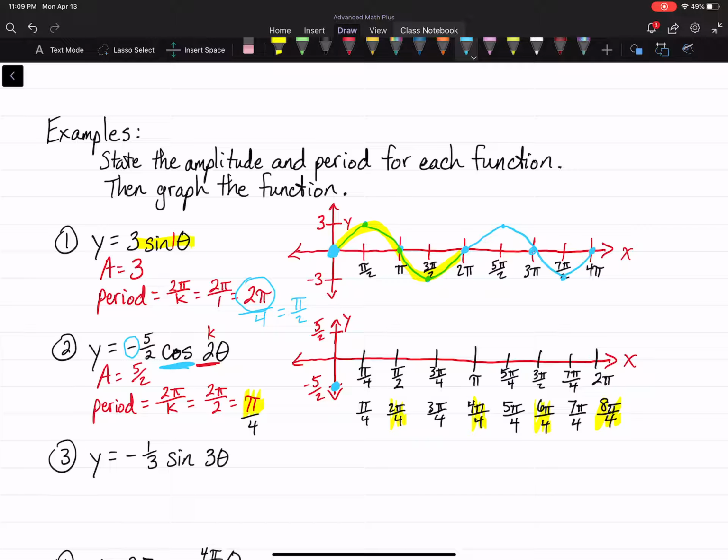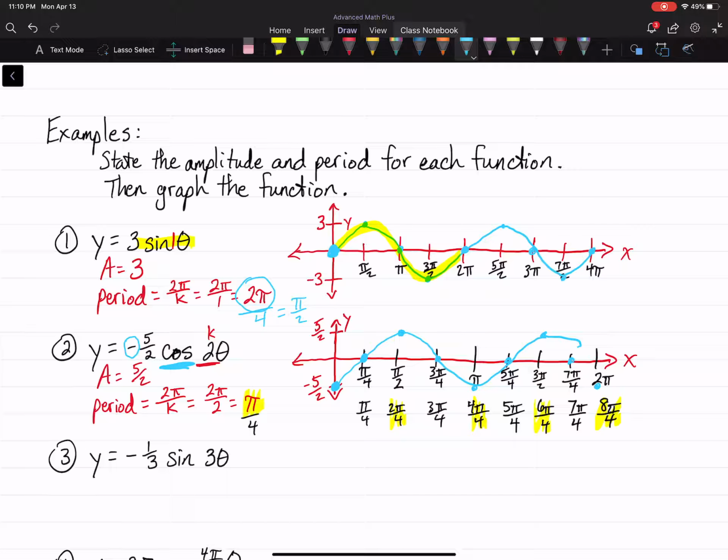So from the bottom, you can't go any further down. So you go up where you're crossing the x-axis to the maximum, x-axis again, minimum, x-axis again, maximum, x-axis again, minimum. And then you draw your graph.